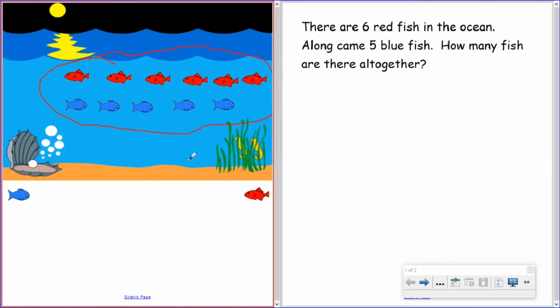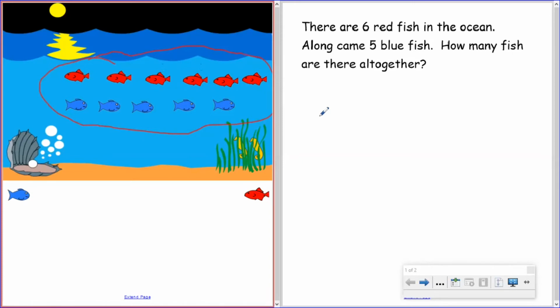Now to find the answer, I have to count. I have to count them all. 1, 2, 3, 4, 5, 6, 7, 8, 9, 10, 11. So altogether, I have 11 fish.